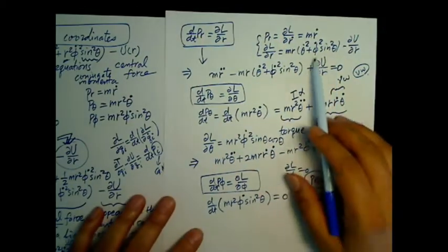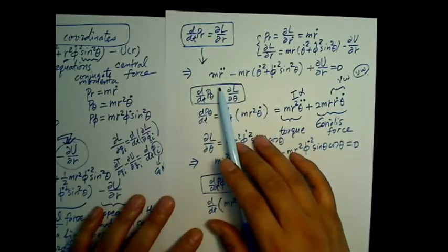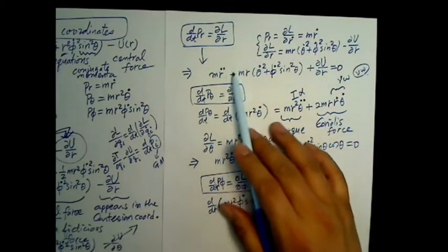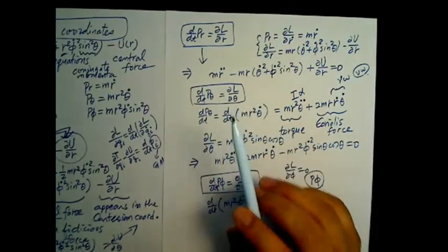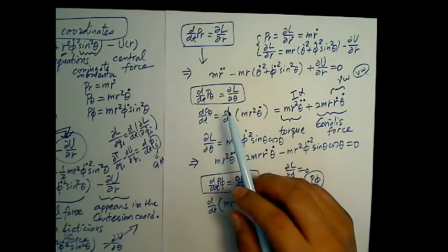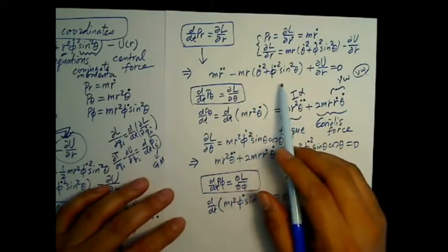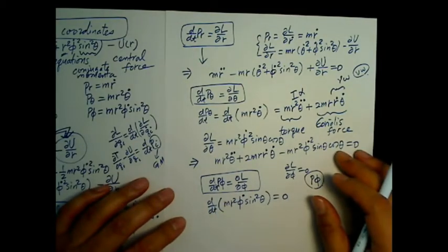So even though there is no force at all, radial acceleration exists. Radial acceleration is a fictitious acceleration that is not related to the force. This is related to coordinate system. So this part is considered to be the fictitious force.